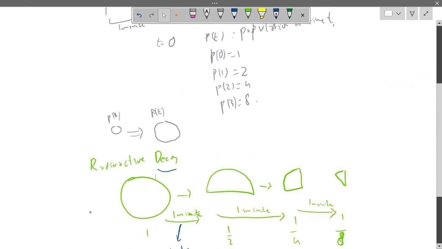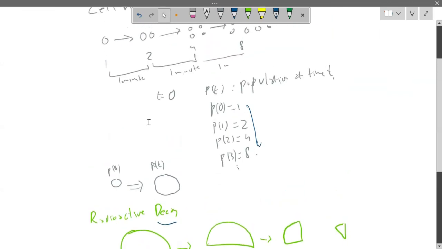If you have the following sequence of numbers, can you guess how many cells will be present at the end of the fourth or fifth? Can you guess how many cells will be present after 6 minutes?